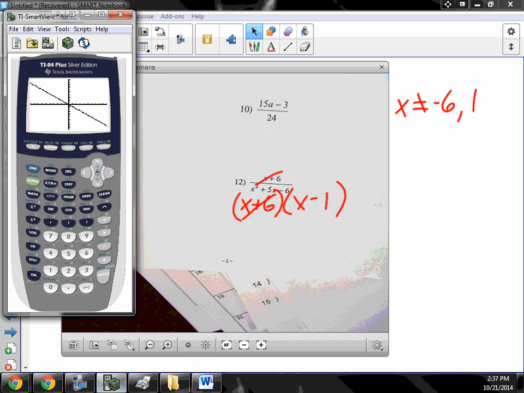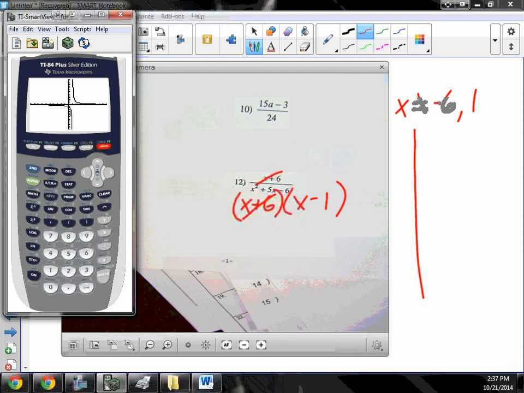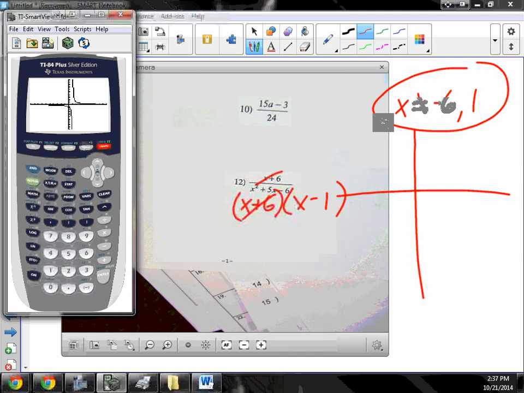So when I graph this, I'm going to graph 1 divided by x minus 1. And the asymptote will show up. So when you put this on your graph, you need to state the discontinuities, just like we did yesterday. And then I'm going to have a hole at -6 and an asymptote at 1.